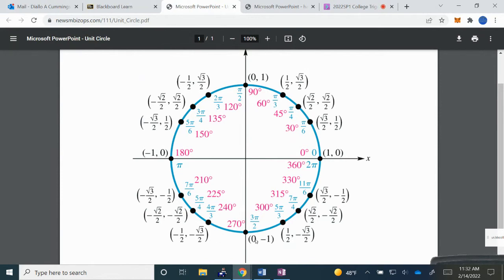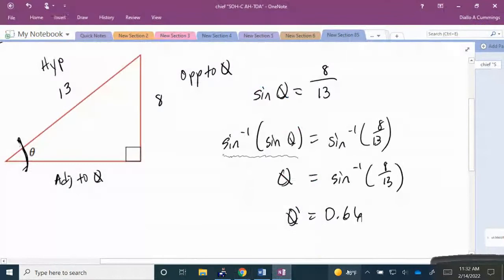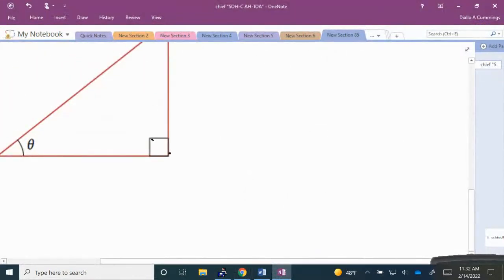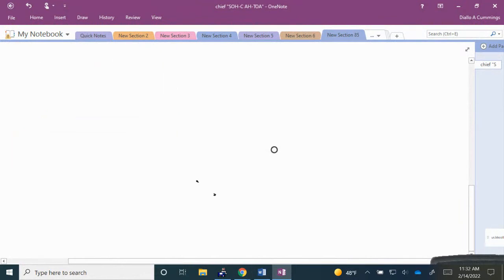Now, we've talked about negative angles before.